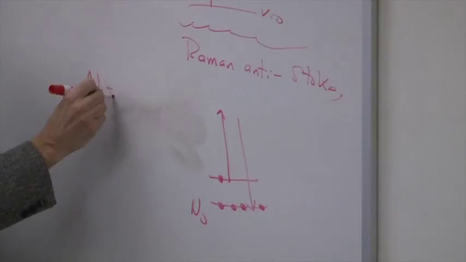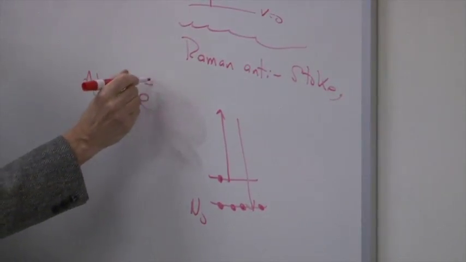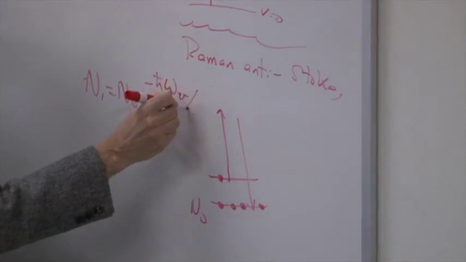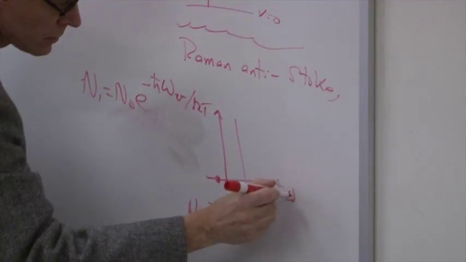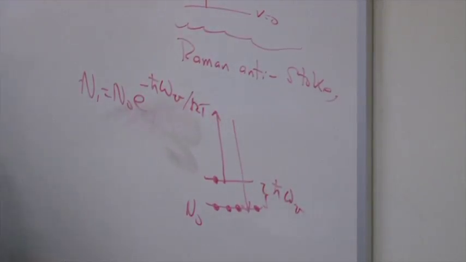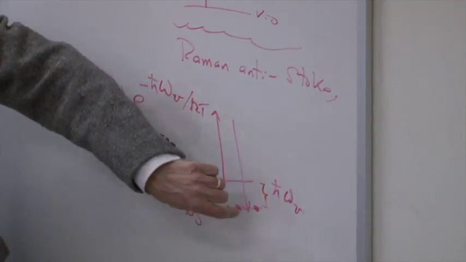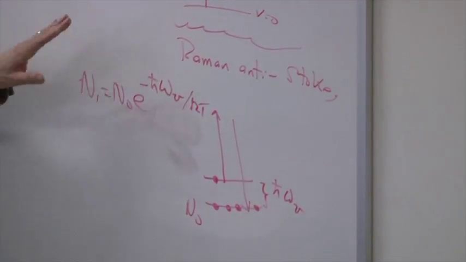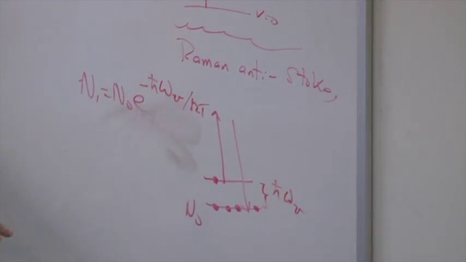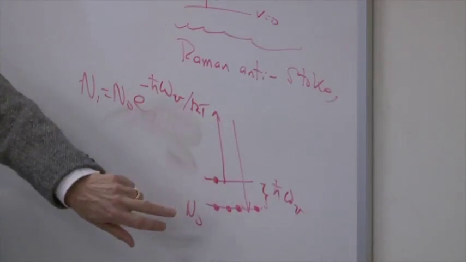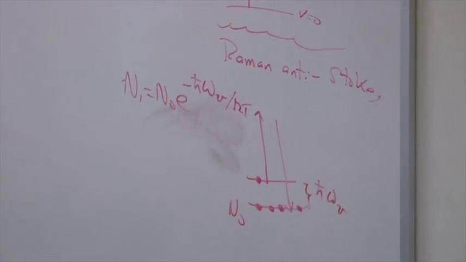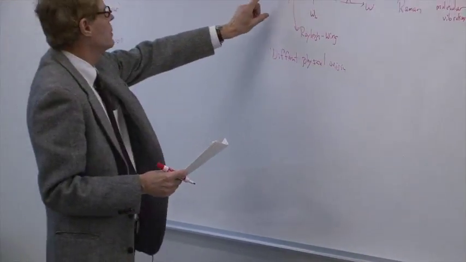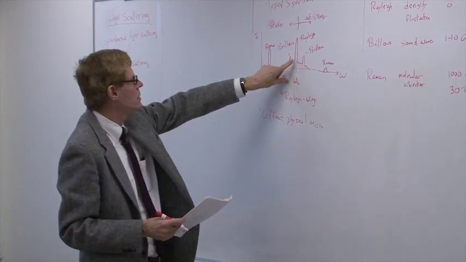So N1 is N0 e to the minus h bar omega v over kT. Here h bar omega v is the energy separation between the ground and the excited state. If you just put in the numbers that I used, 1,000 wave numbers, you'll see that this population is non-vanishing, but is considerably smaller than the ground state population. So we've done Raman, Brillouin.